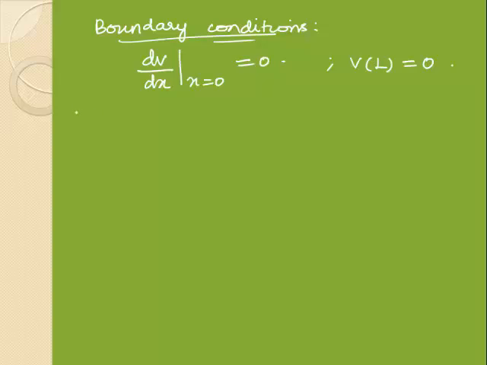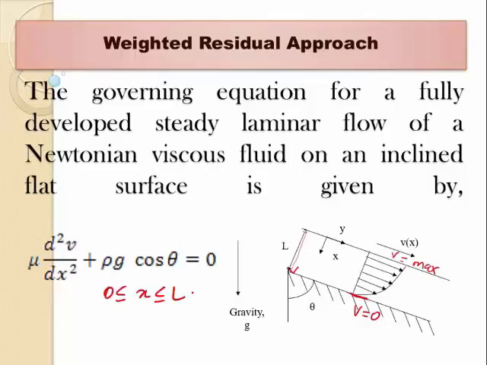So in step 1, let us consider a trial function. Usually polynomial type functions are considered as trial functions.